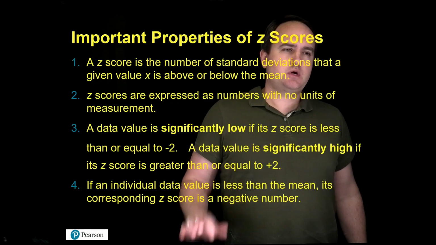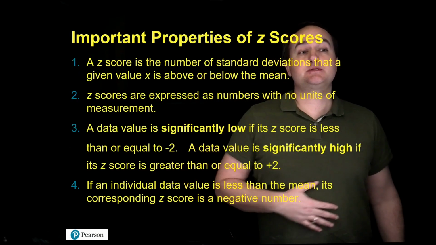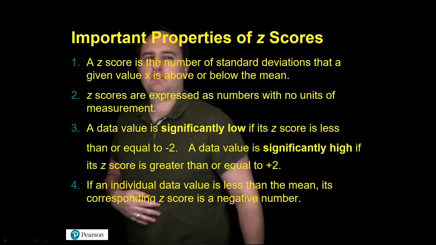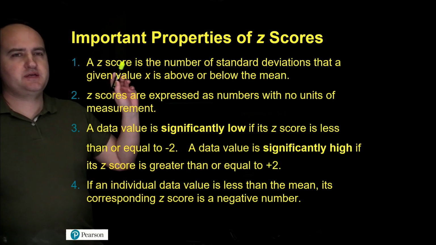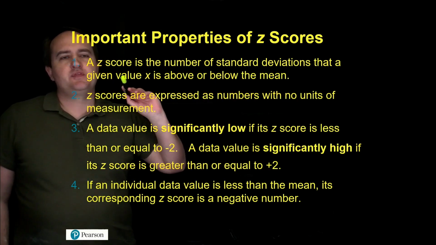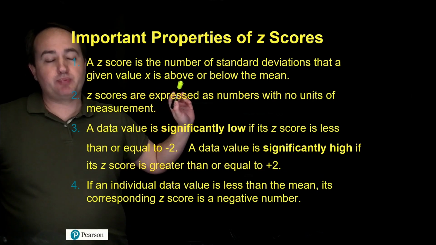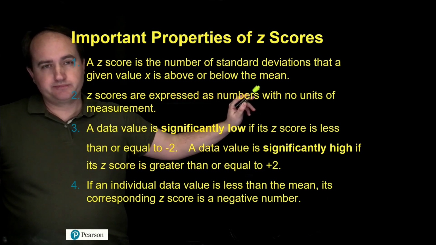Okay, so important properties of z-scores. A z-score is the number of standard deviations that a given value x is above or below the mean.